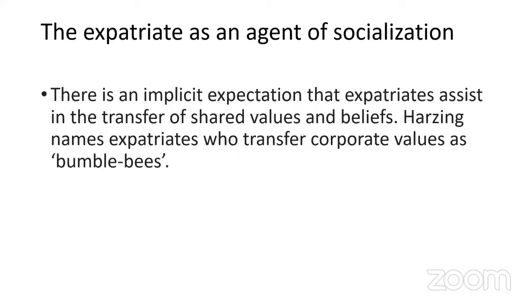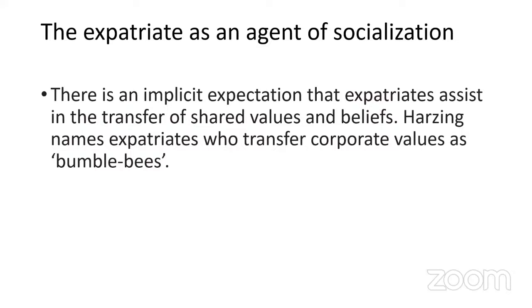There is an implicit expectation that expatriates assist in the transfer of shared goals and beliefs. So these expatriates, first, they help you to control. The second thing is they work as an agent of socialization.